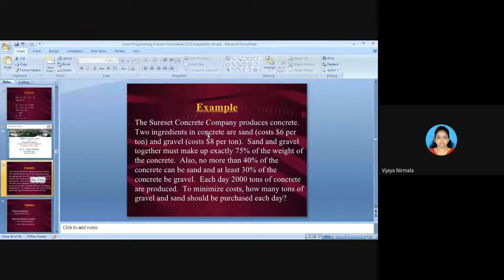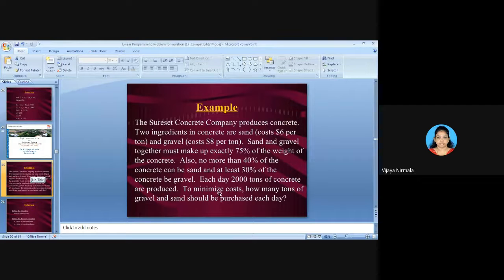While you are studying this example, have you identified any sentence or wording related to profits? No, right? In the second line they have given the cost, and in the third line also the cost.